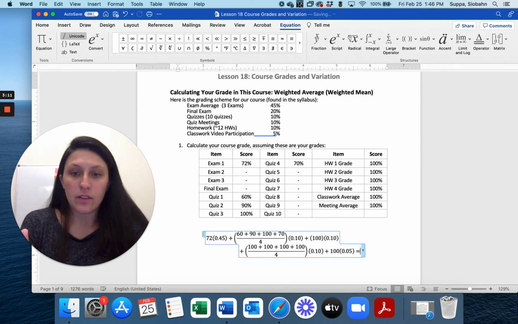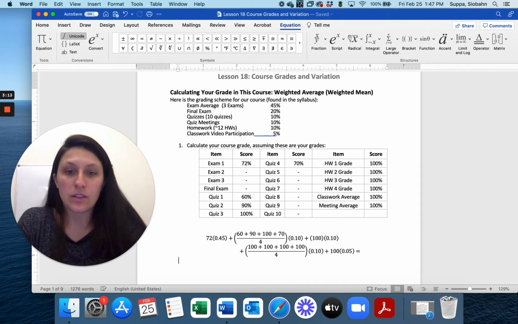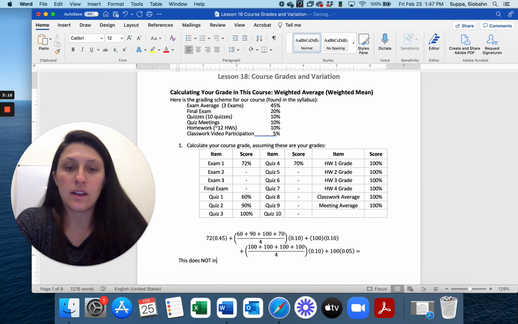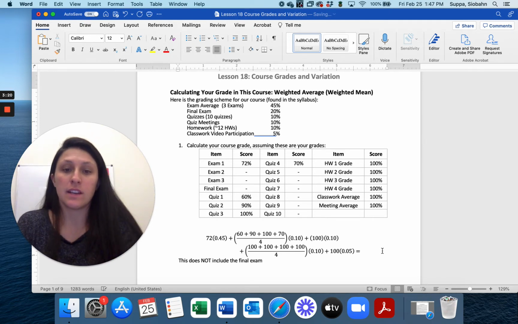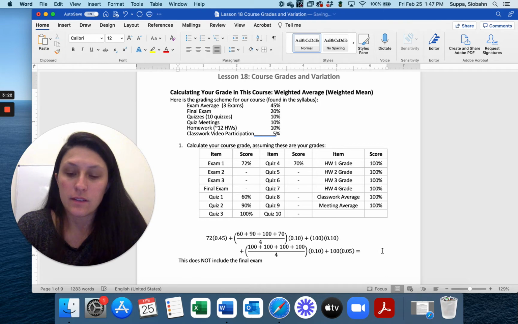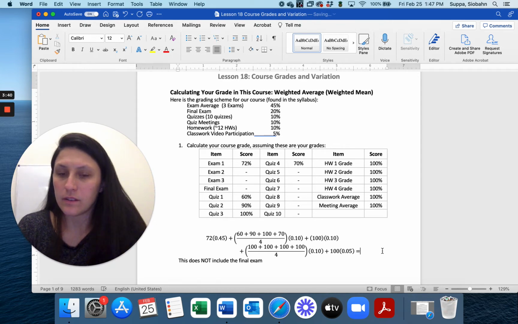So if you calculate all of this, keep in mind this does not include the final exam. Okay, so that's important because we haven't taken it yet. Let's see what we get. So 72 times 0.45. And you should go ahead and do this along with me just to make sure that you get the same thing. And I'll write what I'm getting here so that I don't have to keep track of it in the calculator.